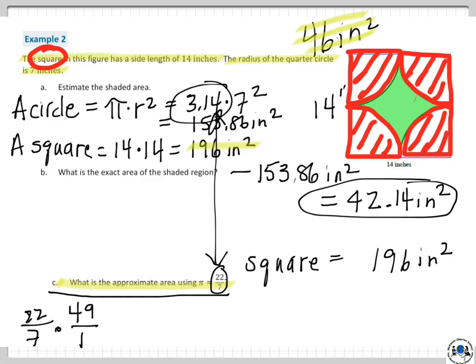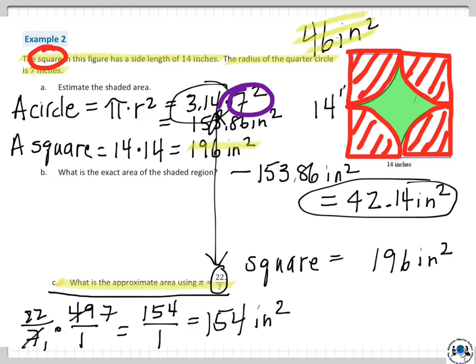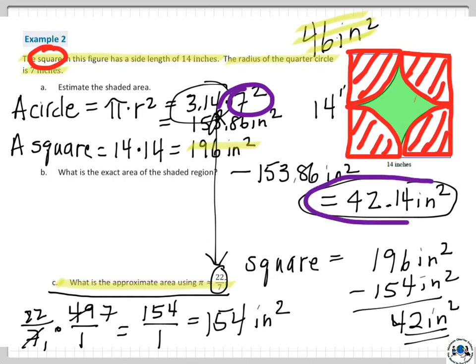That 49 over 1, of course, is my 7 squared. Then if I do my cross cancellation, I get 7 and 1, and then I have 154 over 1, which is the same as 154 square inches, and then I would have 42 square inches. And you can see how insignificantly different that is.